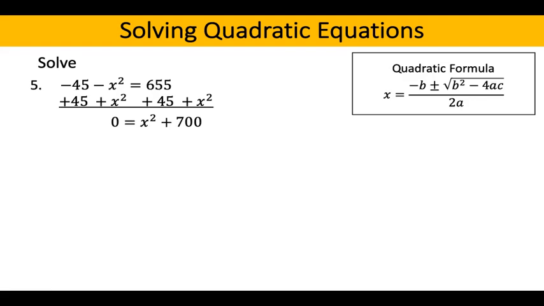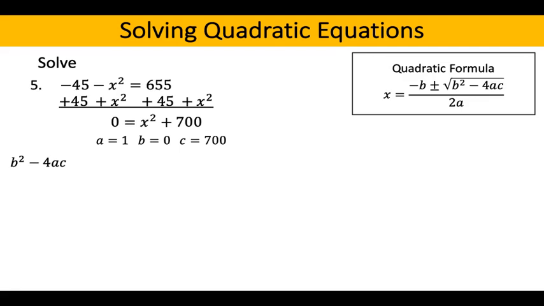Remembering to put everything in the correct order, so your ax squared, bx, and your c. Notice this problem actually does not have a b term. So when we name our a, b, and c, a equals 1, b equals 0, and c equals 700. Let's evaluate the discriminant first.